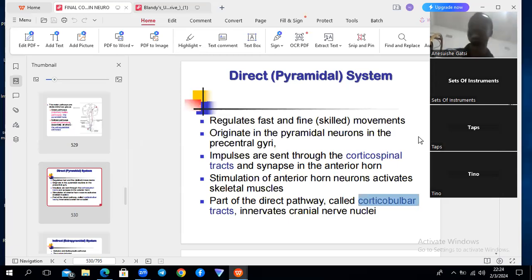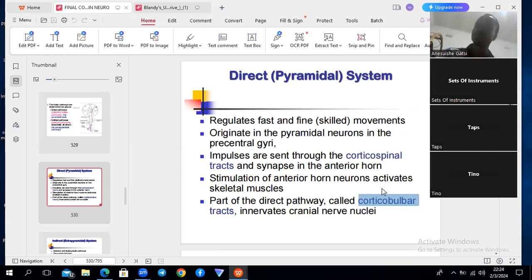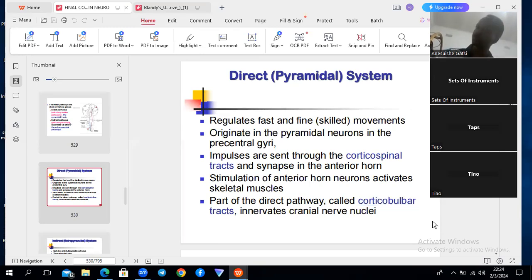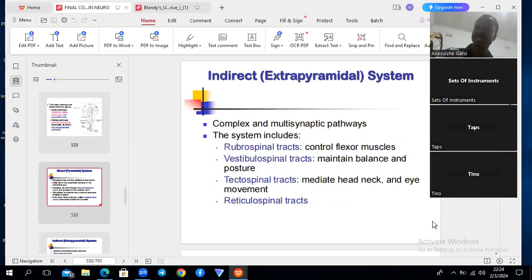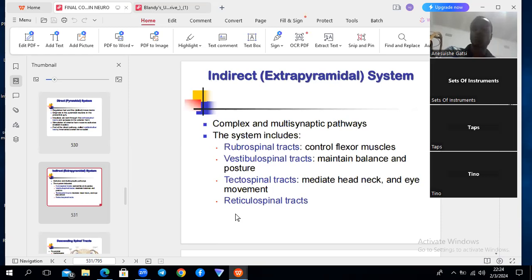We added an additional one. So corticobulbar fibers influence your cranial nerves. Corticospinal fibers go to the spinal cord. Then basically they help with everything else. So these are what we call the extrapyramidal pathways. These are not all of them, by the way.